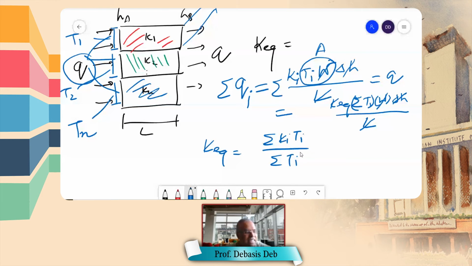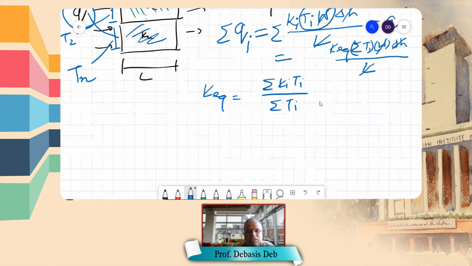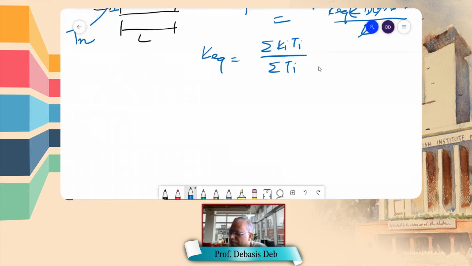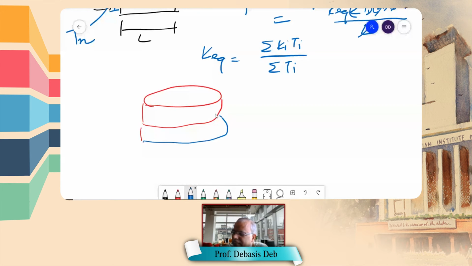Now interestingly, if you do the same thing for radial, let me just draw it for you, and I will again ask you to do it at home, the radial thing. So the layer will be something like this. Then another layer, then another layer.